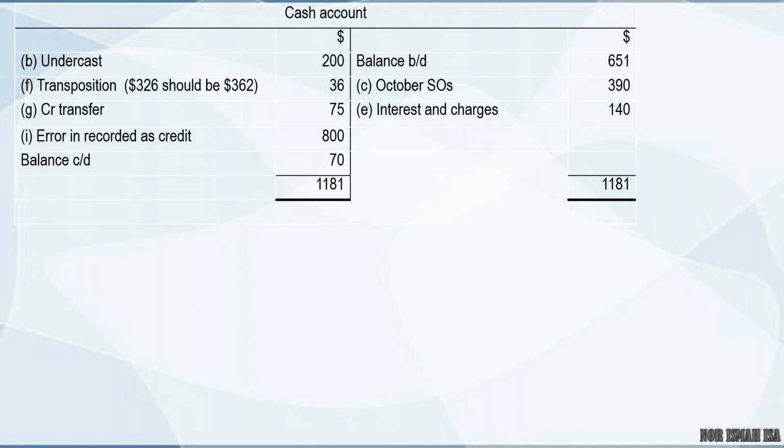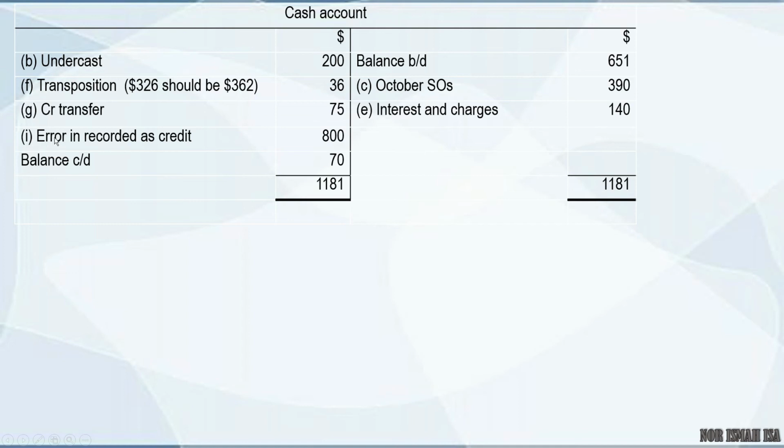So this is the cash account adjustment or cash account reconciliation. We started with the balance credit 651. This is the amount that appears on the debit side of the bank statement, so you just credit this figure on the credit side, whereas this amount appears on the credit side of the bank statement, so this is cash in, and you debit with the amount that appears.